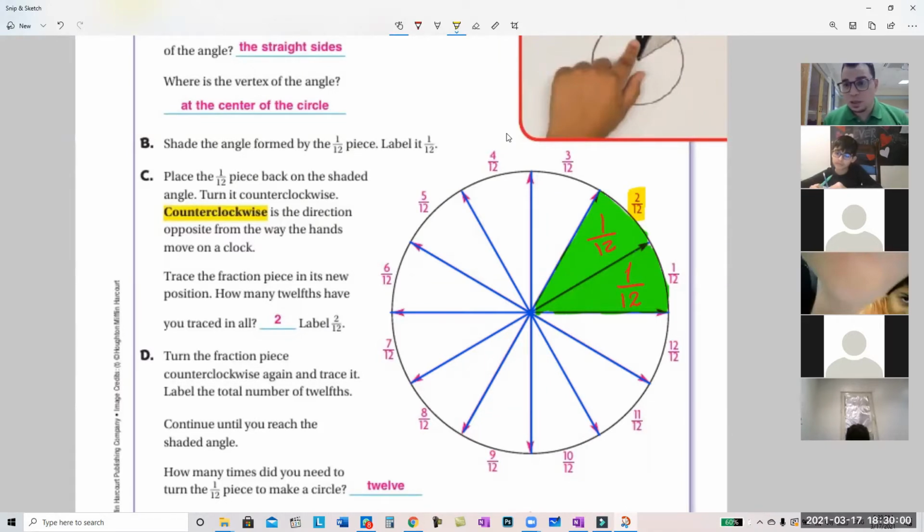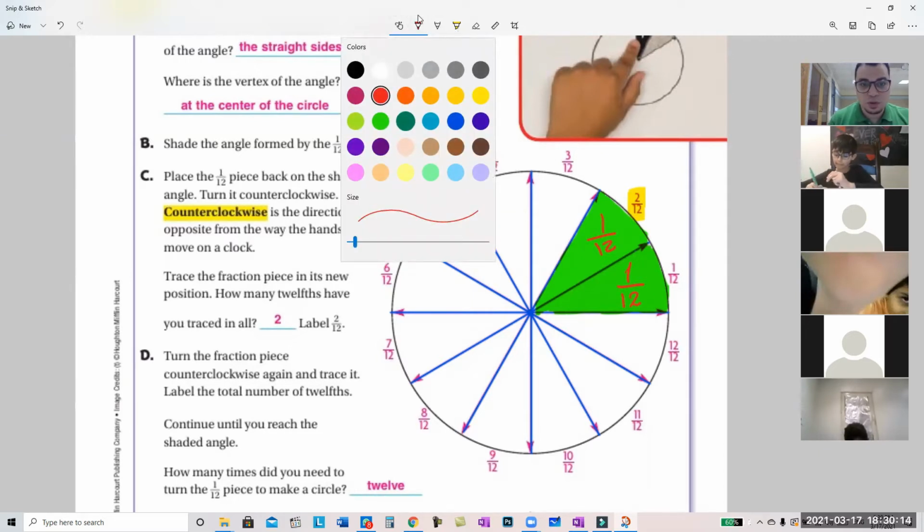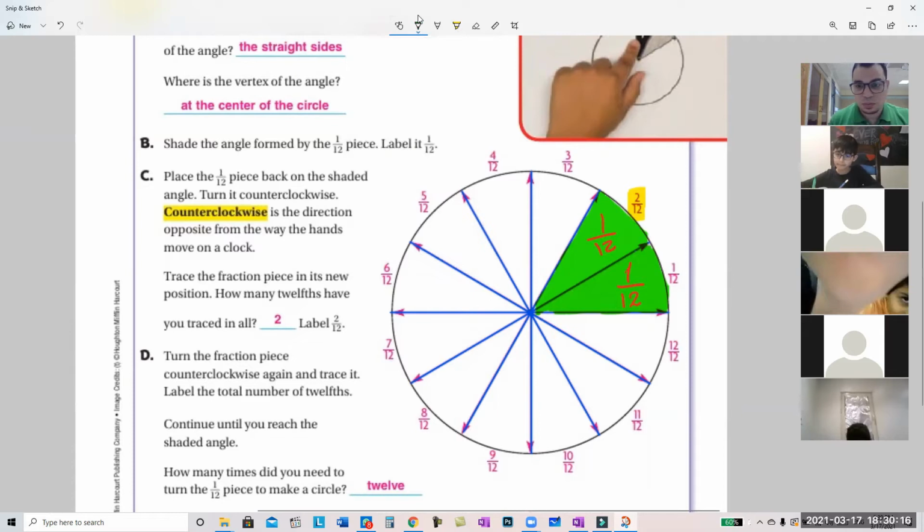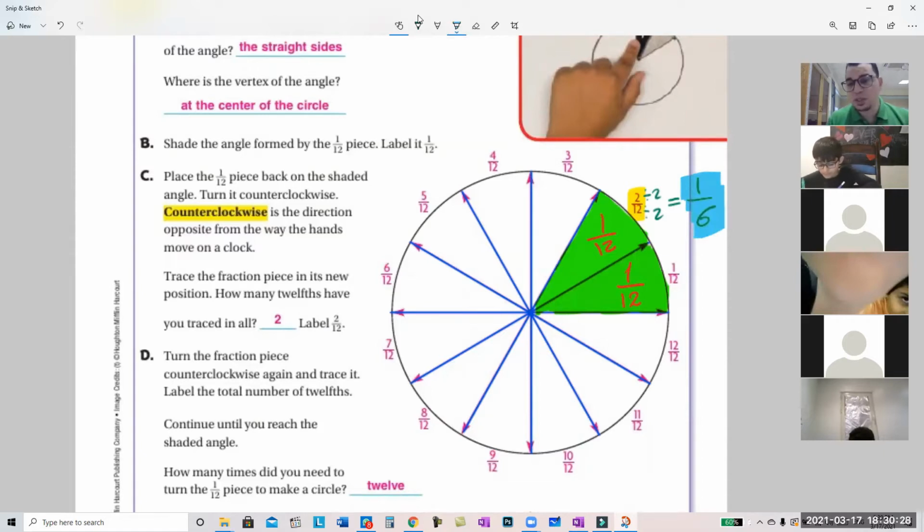So let me ask, is 12 in the multiplication table of 2? Yes, it's in the multiplication table of 2. So we're going to divide by 2 here. So let's divide by 2 up and down. So it will be 1 over 6. So as you see here, we have 1 over 6, the value of these two parts together. Okay, let me shade another part.